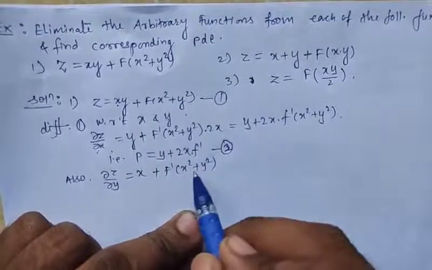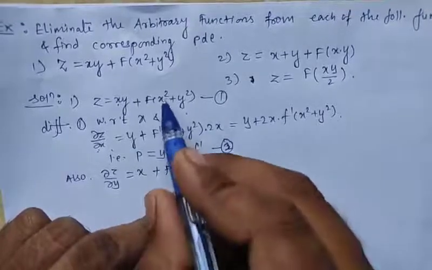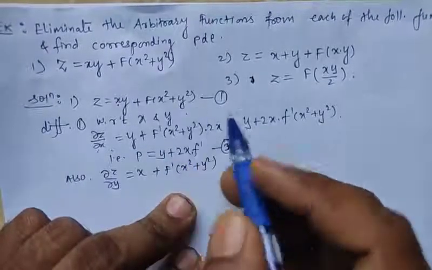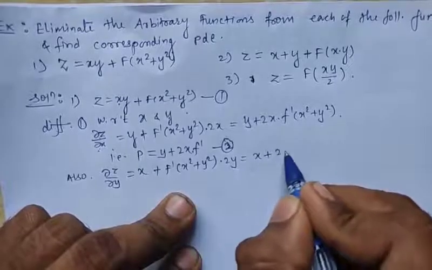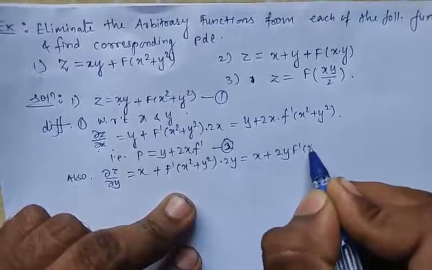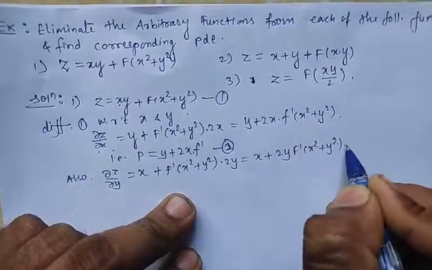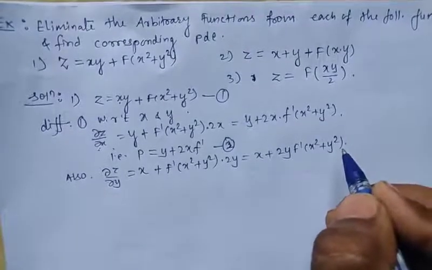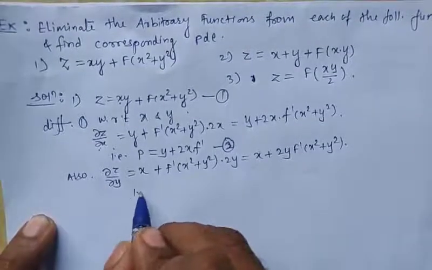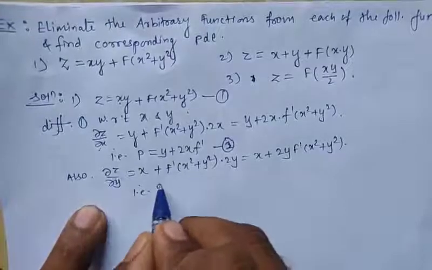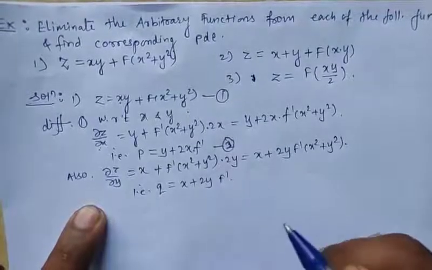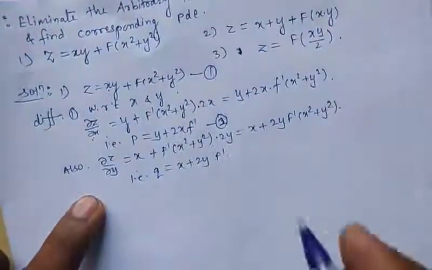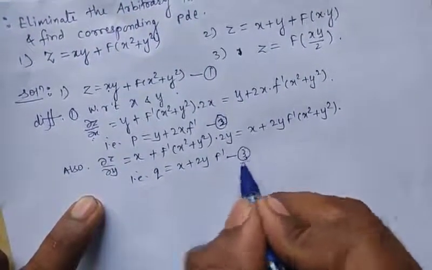By using chain rule, next taking derivative of x square plus y square with respect to y, which is twice y, which is equal to x plus twice y into f dash of x square plus y square. Therefore del z by del y is q equal to x plus twice y into f dash. Okay, so this is equation number 3.